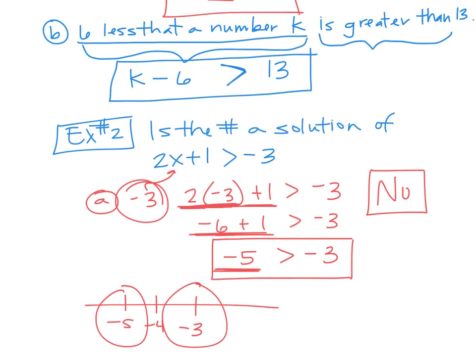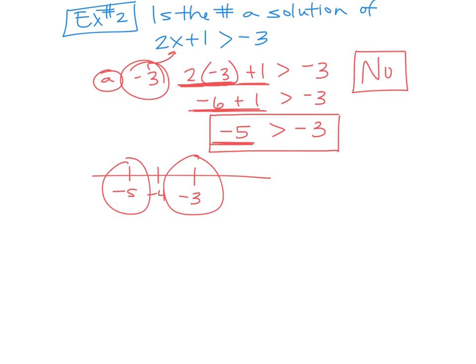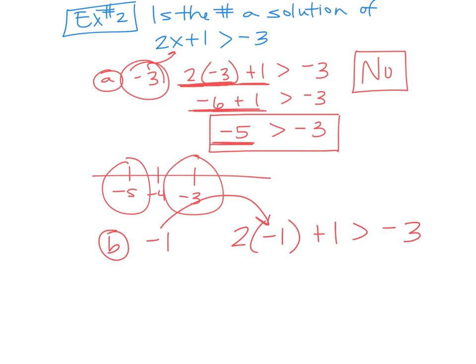How about negative 1? If we plug in a negative 1 for that, we would say 2 times negative 1 plus 1 is greater than negative 3, right? We're just plugging that number in for x. What's 2 times negative 1? Negative 2 plus 1 is greater than negative 3.